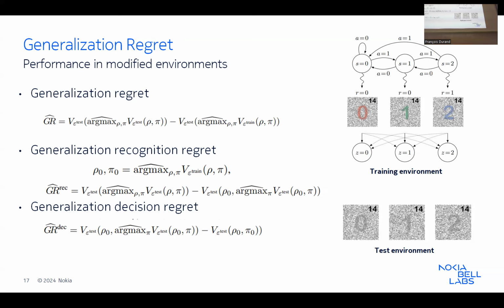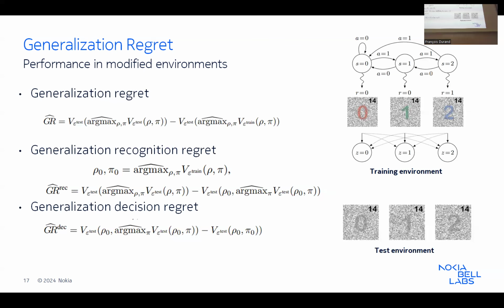So we then get this notion of generalization regret, which is basically very similar to the notion of regret. I don't want to go into detail through the equations, but it basically means the generalization regret is the value we get in our test environment by taking the best algorithm in the test environment, minus what we get in the test environment if we take the algorithm that was trained in some different training environment.